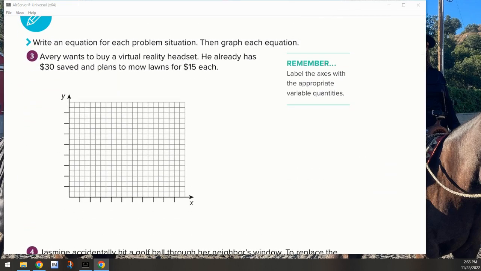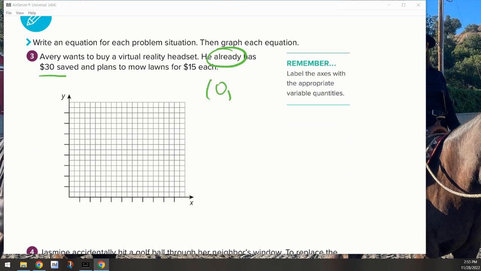Then write an equation for each problem, then graph each equation. So here we go. Avery wants to buy a virtual reality set. He already has $30 saved. So already has. That means that's where we're starting at. We already have $30.